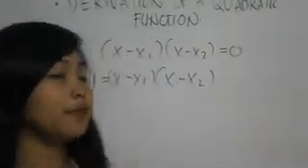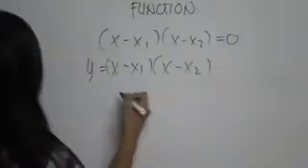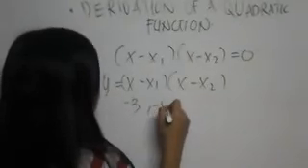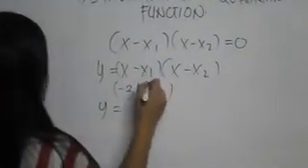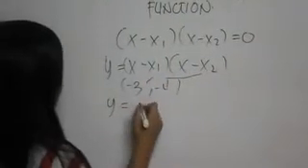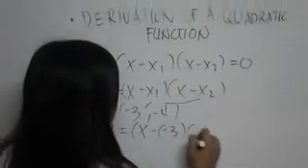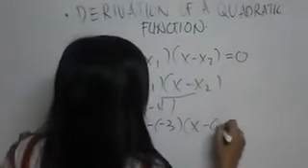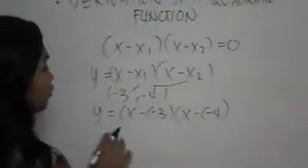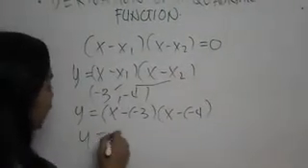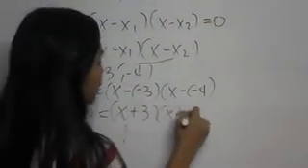Given negative 3 and negative 4, x minus negative 3, then x minus negative 4, are the factors of y. So y is equal to x plus 3 times x plus 4.